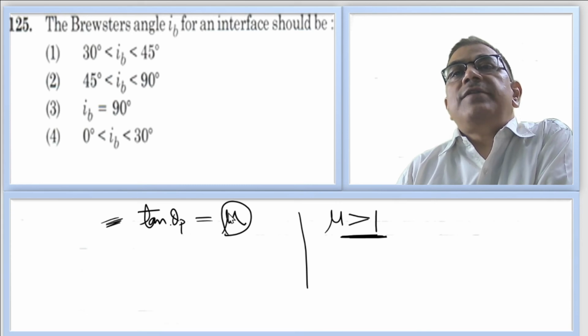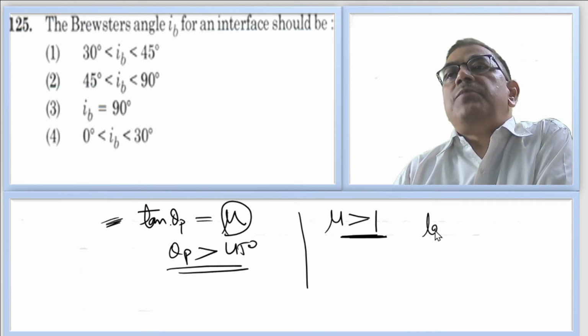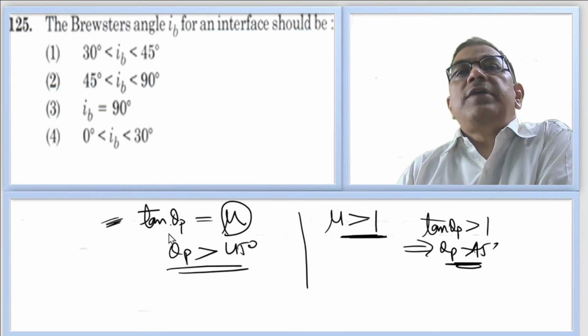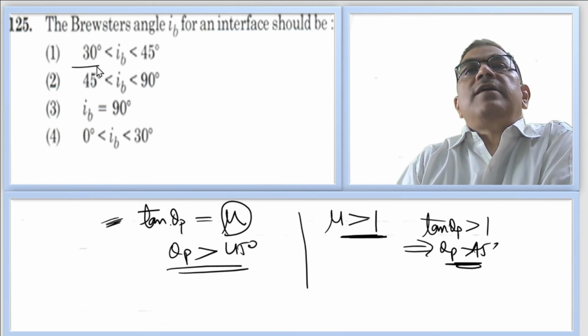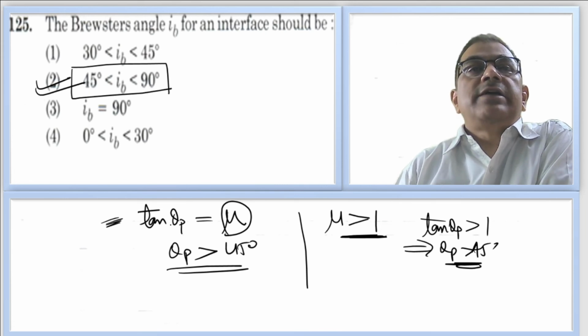If mu is greater than 1, then theta p should be greater than 45 degrees. I could have written tan theta p greater than 1. This implies that theta p is greater than 45. So the value of theta p should lie between 45 degrees and 90 degrees. It should be more than 45 but definitely less than 90 degrees. So this is the correct answer.